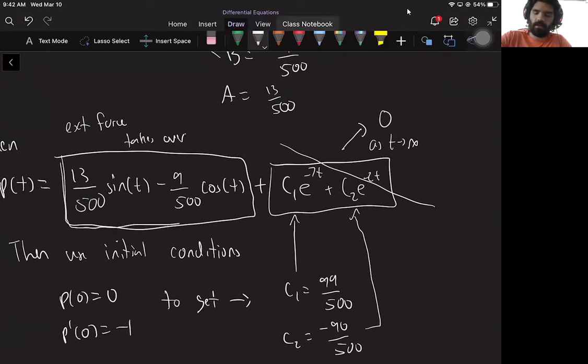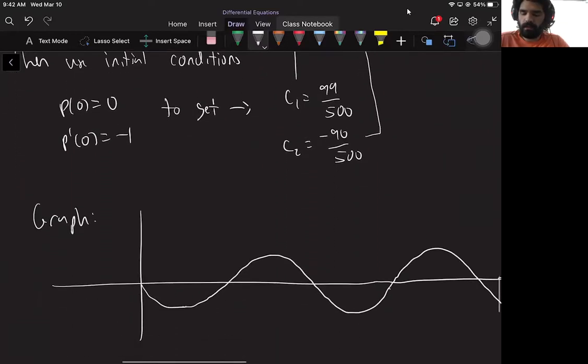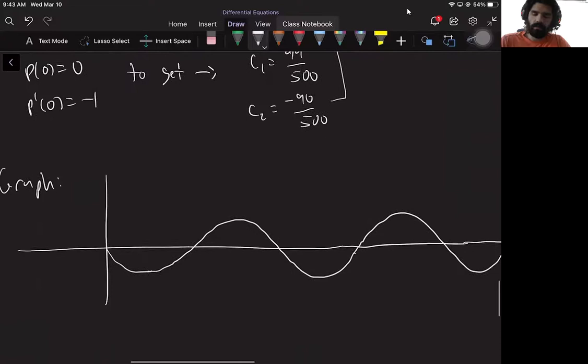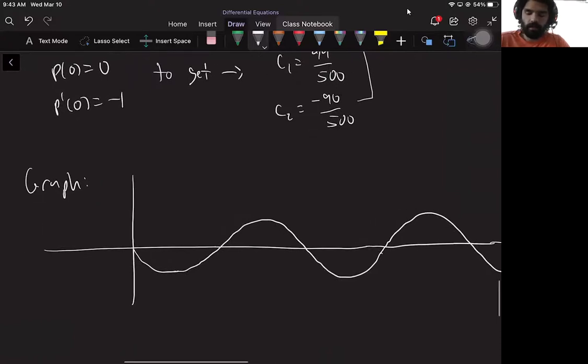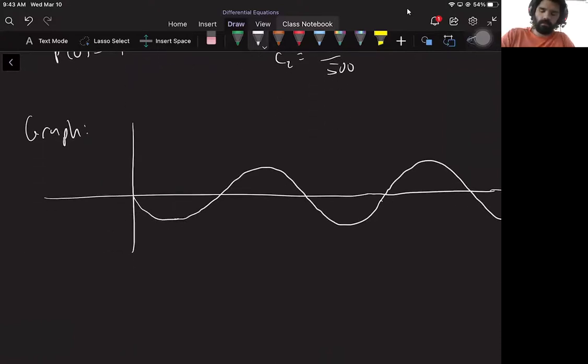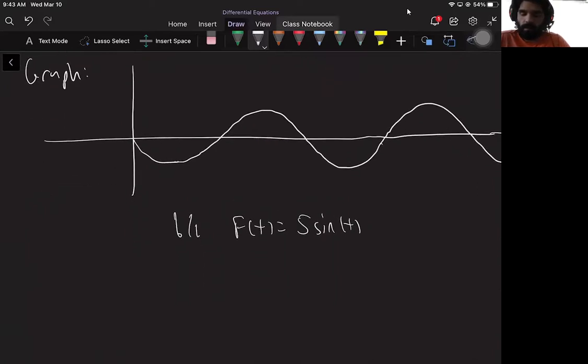The rest is here. It's not being multiplied by zero. It's just here. So it's sort of just going to oscillate. And this is because of the external force being a sine function. It just causes the position to follow along with the external force.